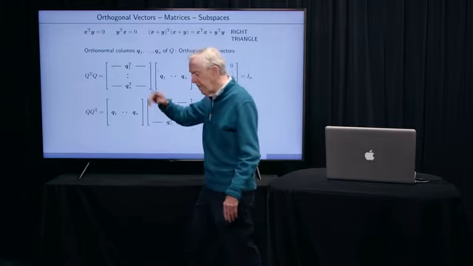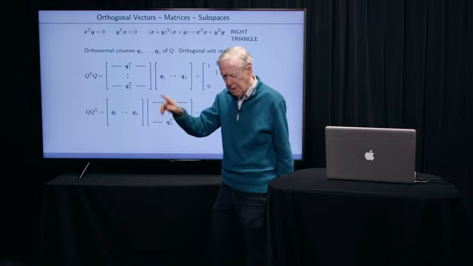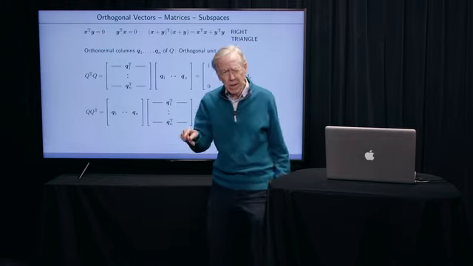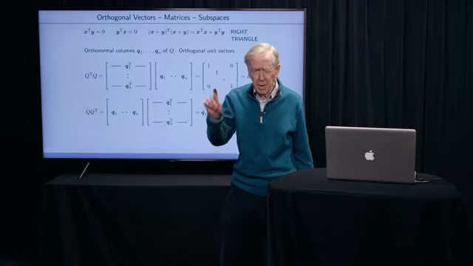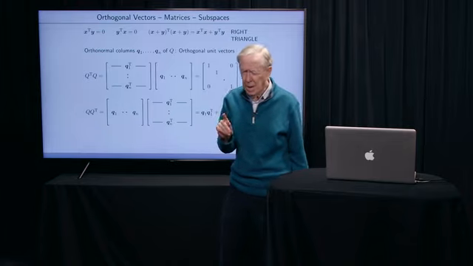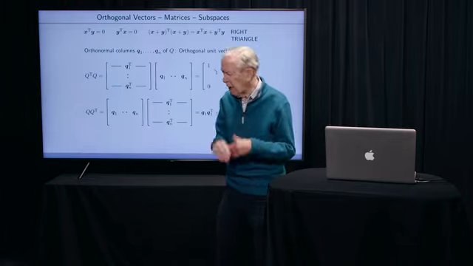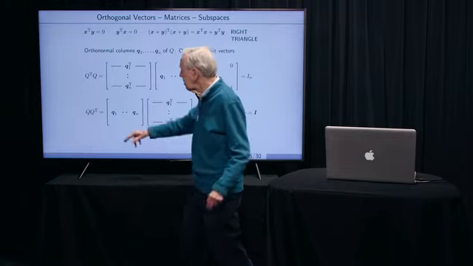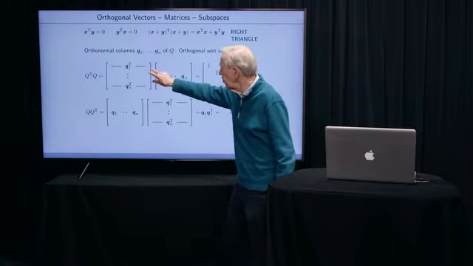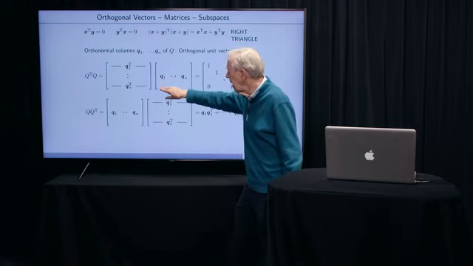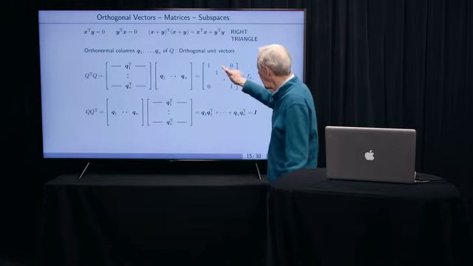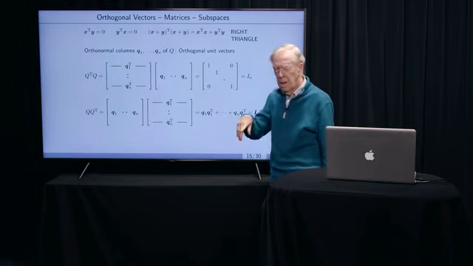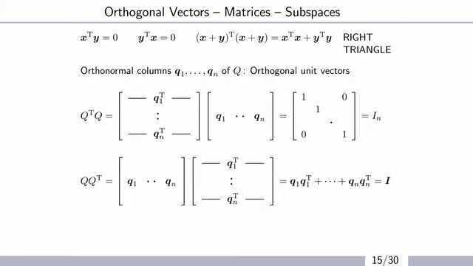This business of having columns that are perpendicular to each other, and actually I'm going to make the lengths of all those column vectors all 1, just to normalize it, then all that's expressed by, if I multiply Q transpose by Q, I'm taking all those dot products and I'm getting 1s when it's Q against itself, and I'm getting 0s when it's one Q versus another Q.